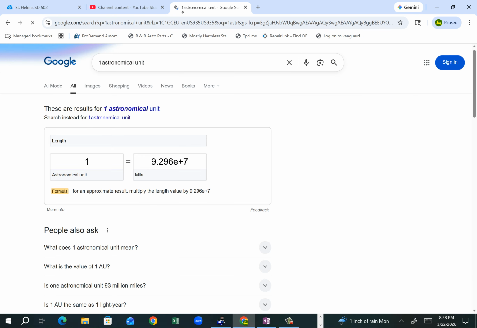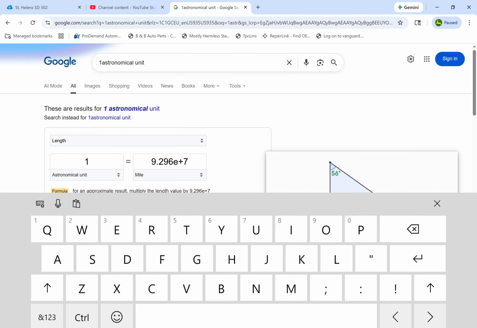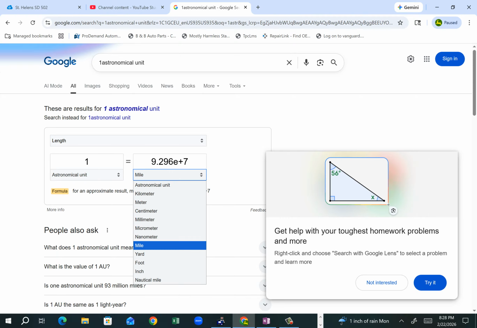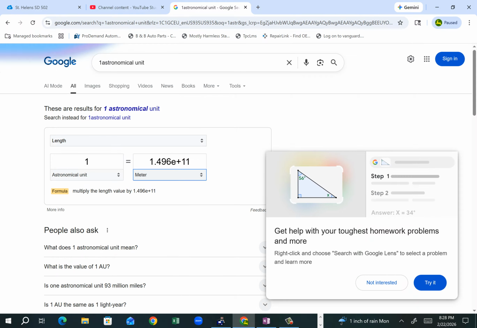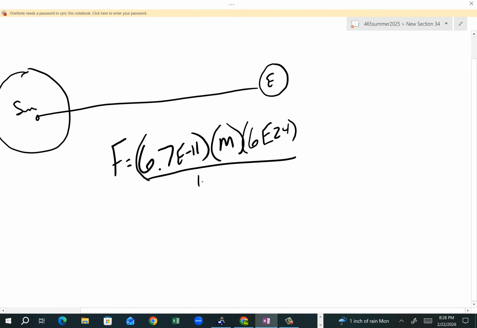I need that in meters, so that's 1.49 times 10 to the 11, squared. You with me?